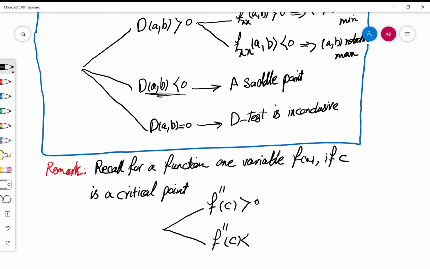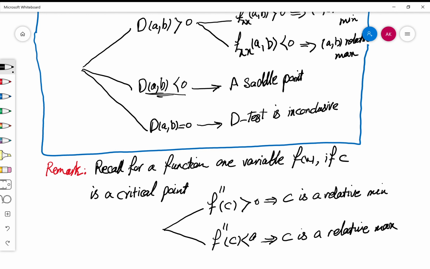I'm hoping that you remember this from introductory calculus. If the second derivative at c is positive, then c is a relative min, and if the second derivative at c is negative, then c is a relative max.